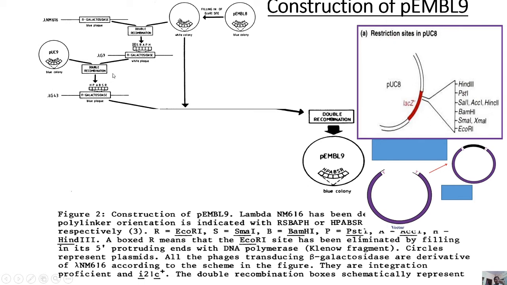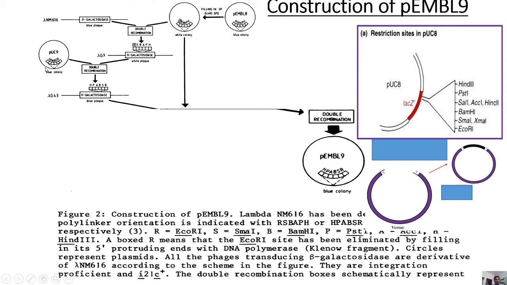Within the bacterial cell, a double recombination process may occur between the homologous regions of pUC9 and lambda G7, which are the lacZ or beta galactosidase regions.